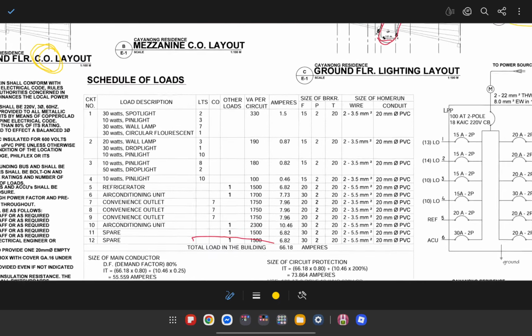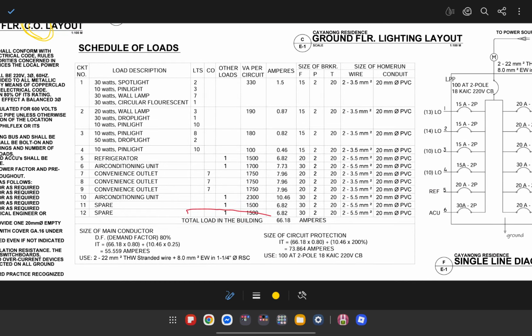Okay, so to start with, in the schedule of loads, this is basically how we are able to design, first, the size of the breaker, and also the size of the home run. So I hope you do remember what a breaker and a home run looks like.